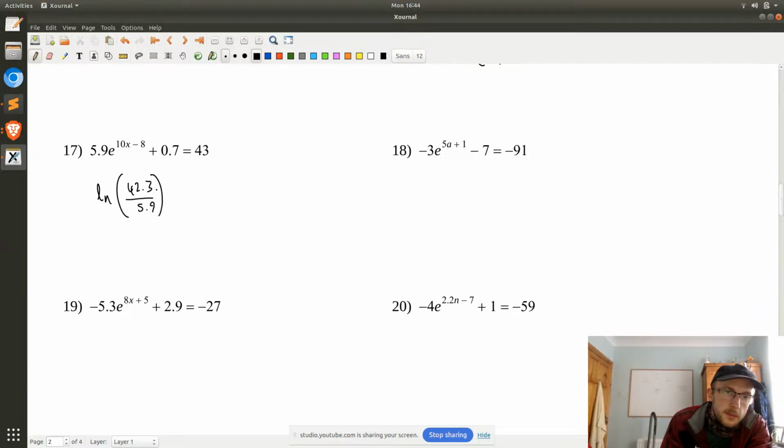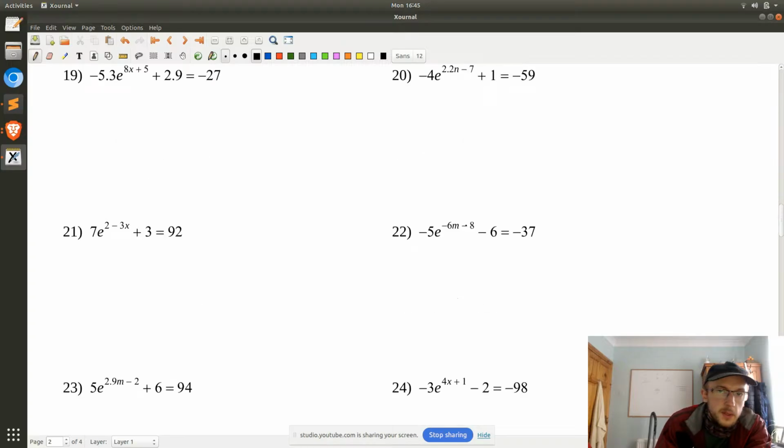Then add 8 to that, and divide all of that by 10. You know what? All right. Add 7 to both sides, so negative 84, divide that by negative 3 to get 28, and then ln 28. Take 1 over 5, good enough.